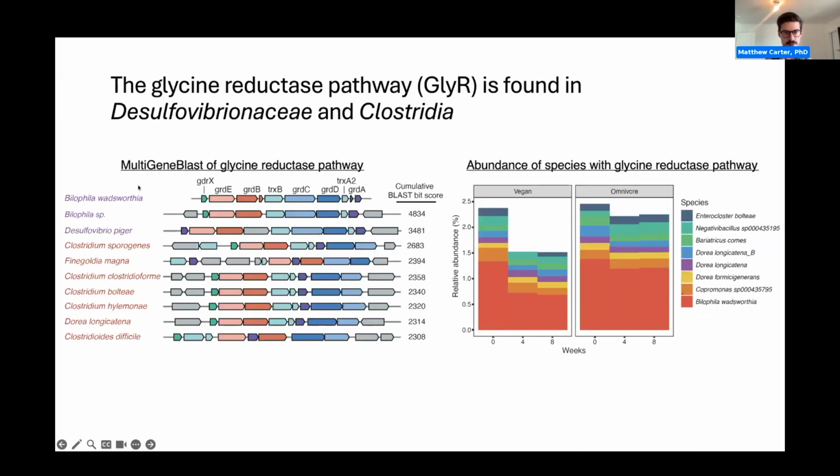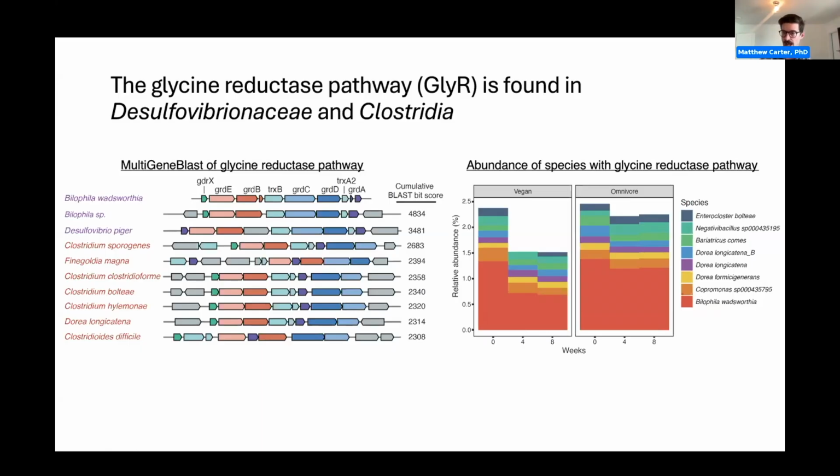This pathway is pretty well conserved across clostridial species of the Firmicutes, as well as a few species in the Desulfovibrio class of bacteria, where in our study it was the species Bilophila wadsworthia that seemed to change in abundance the most during the vegan arm and didn't really change at all in the omnivorous group.